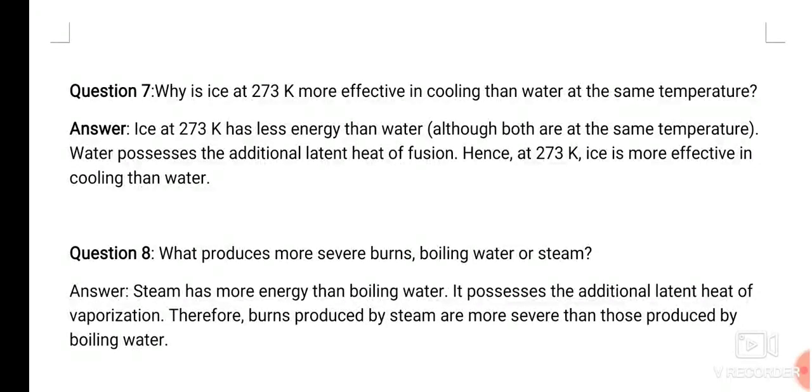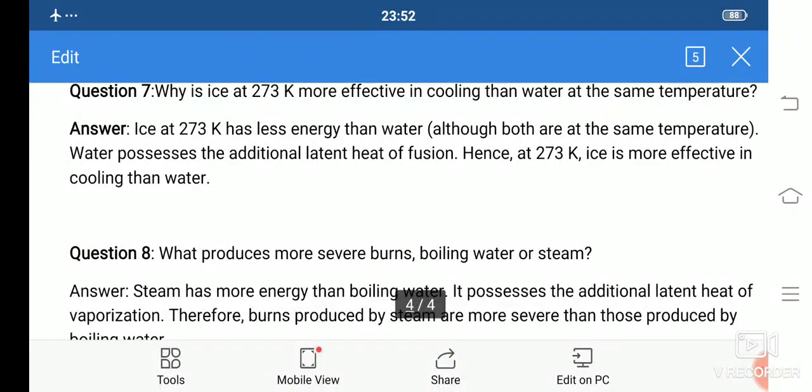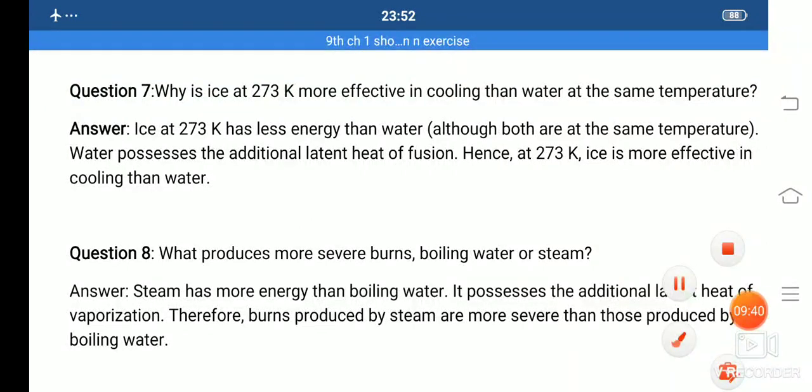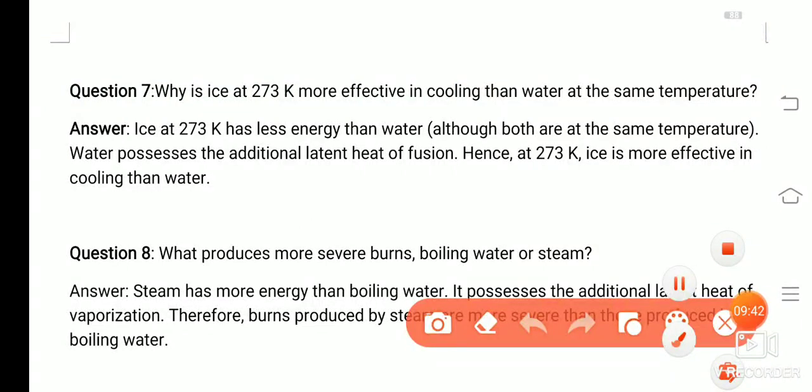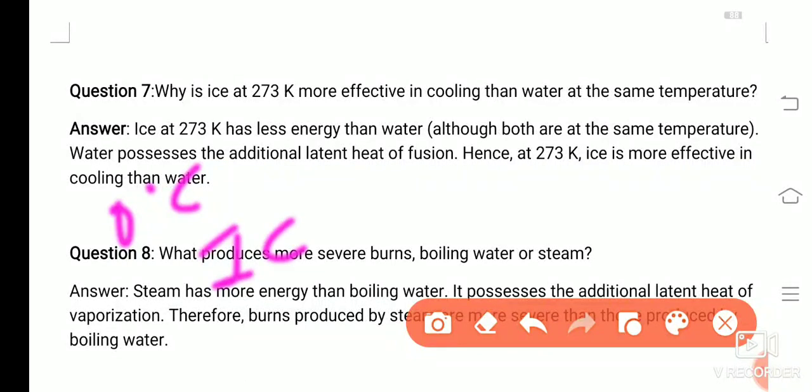Moving ahead, why is ice at 273 Kelvin more effective in cooling than water at the same temperature? Here you can see 273 Kelvin means 0 degrees Celsius. At 0 degrees Celsius you have ice, right?